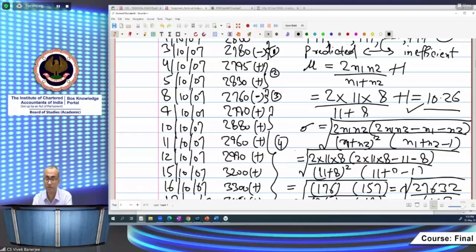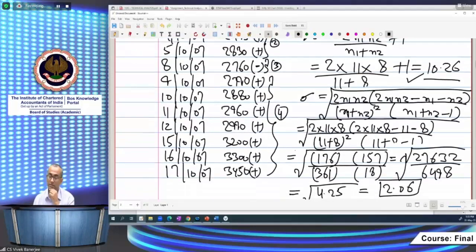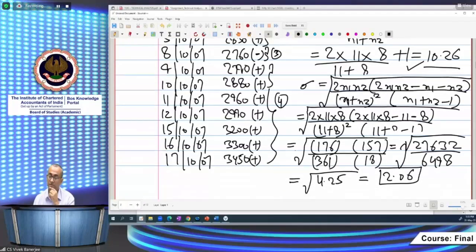We put the figures into the formula, and the standard deviation arrived at is 2.06. So it deviates from the average by 2.06, on the upper and lower side.